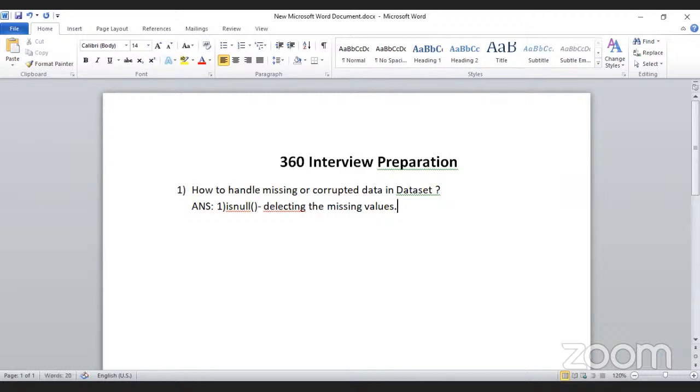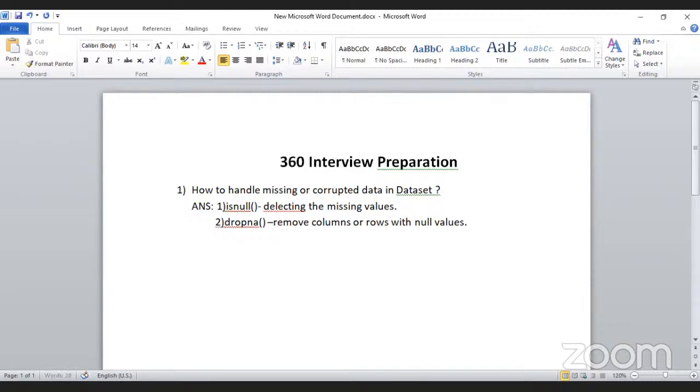What is the second one? It is dropna. What it will do is it will remove columns or rows having null values.